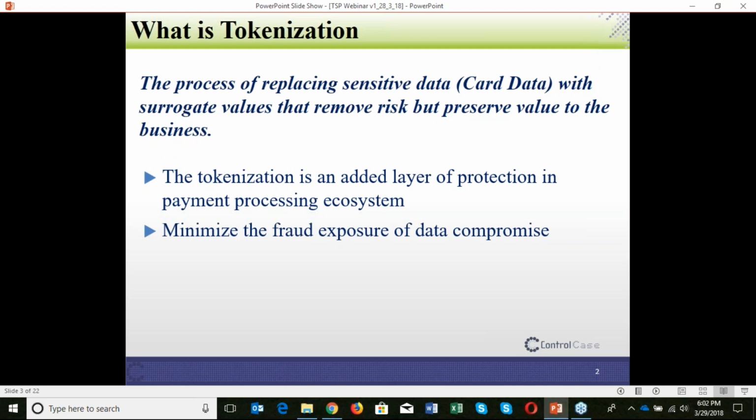And fraud exposure is reduced because cardholder data will be minimized within a closed environment, thereby the fraud is minimized. And most importantly, there are no major changes required to the payment system because the existing system may continue to work as normal.